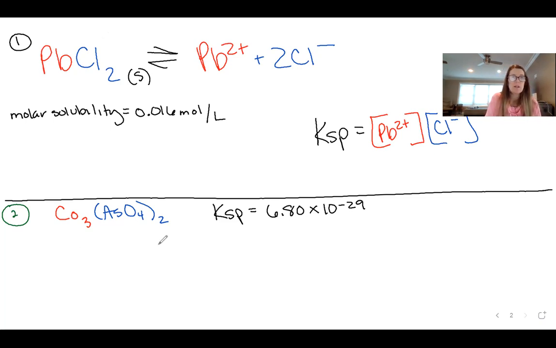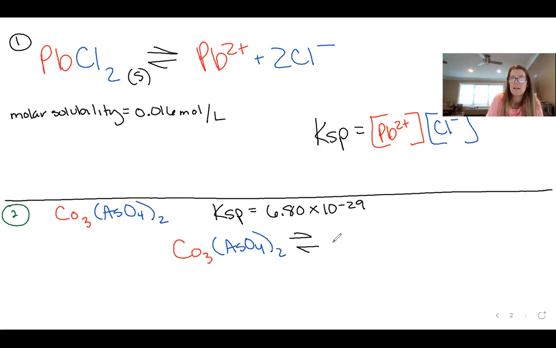If we look at this relationship, this also is ionic. Cobalt is a metal bound to a group of nonmetals. So if I'm going to write that reaction out, I have that cobalt, I have this polyatomic ion. And when I dissolve ionic compounds in water, there is going to be an equilibrium between that solid and the dissolved and dissociated ions.